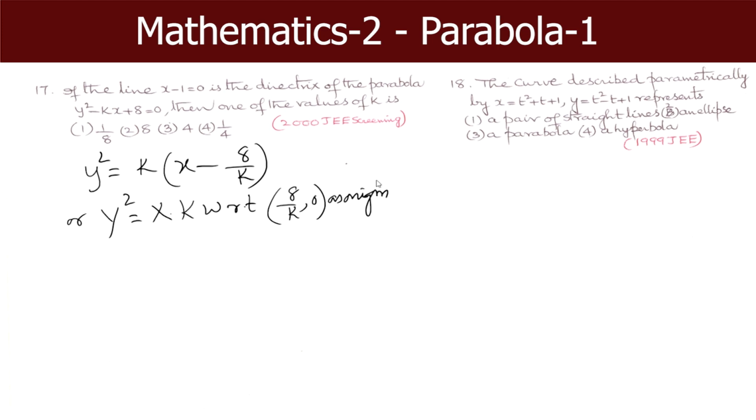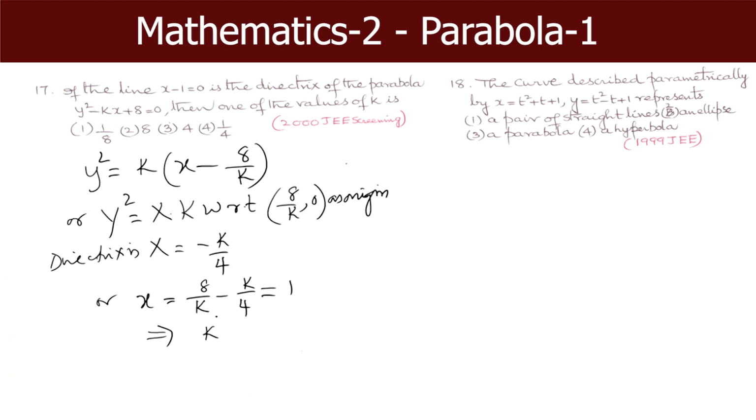So, what is the directrix of the parabola for this equation y square equal to kx? Directrix is capital X equal to minus a, minus k by 4, or small x equal to 8 by k minus k by 4. But this is given to be x equal to 1.